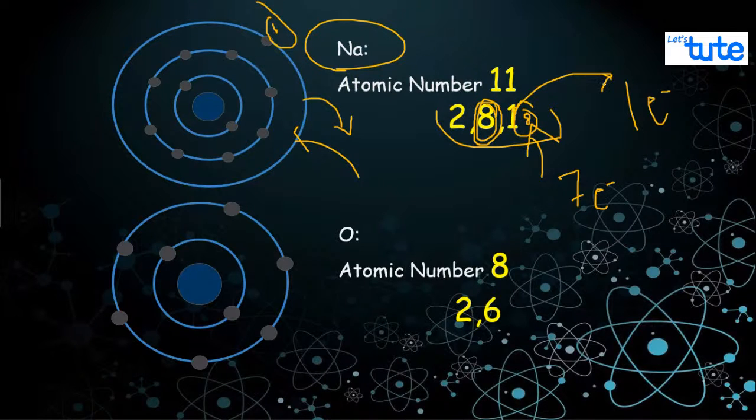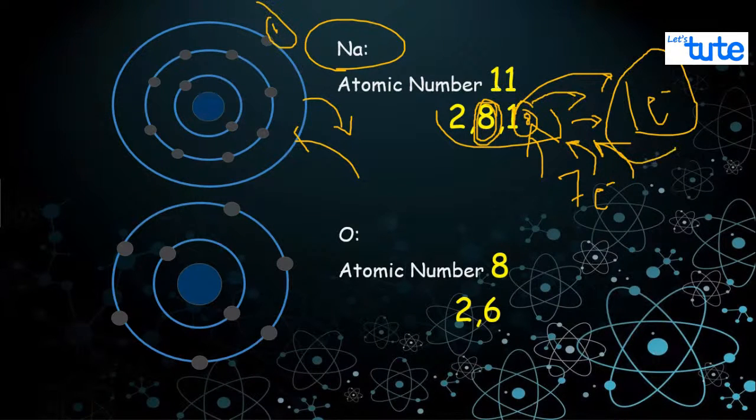So there are two possibilities: either it can take 7 electrons or it can give one electron. Giving one electron is very easy compared to taking 7 electrons, because the number is very small. Therefore sodium gives out one electron to become stable.